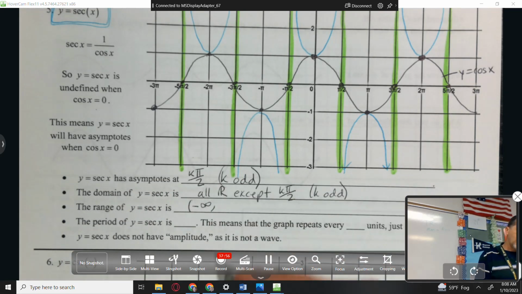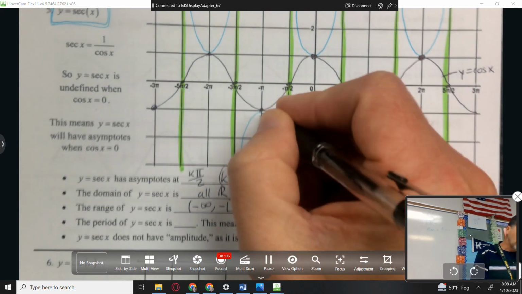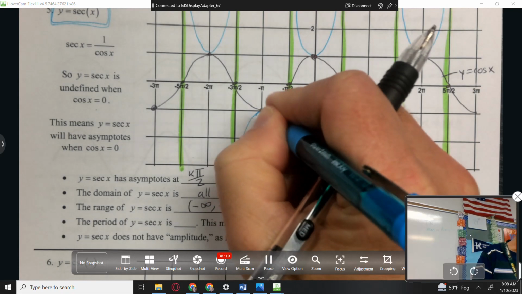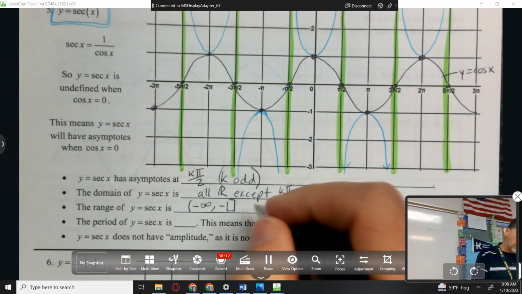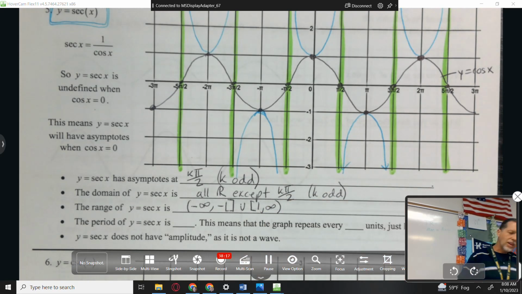So we have to do the 2. Yes. So negative infinity up to negative 1. And we want to include negative 1, because despite this picture, they do touch there, because when you flip 1, you get 1. You put a u in between, and then you go from 1 to infinity. So that's kind of a weird range.